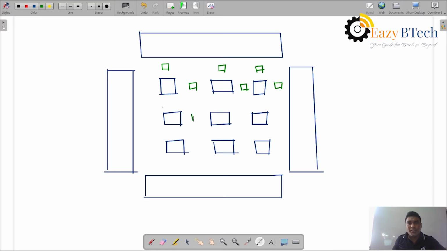And programmable interconnections between the input and the logic blocks. So these are the programmable interconnections, programmable switches.